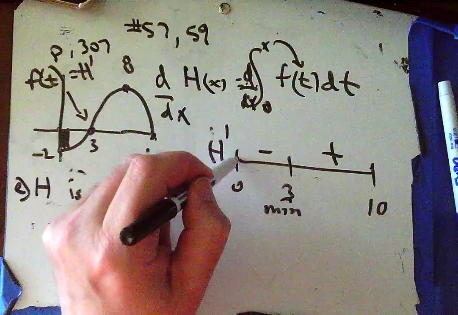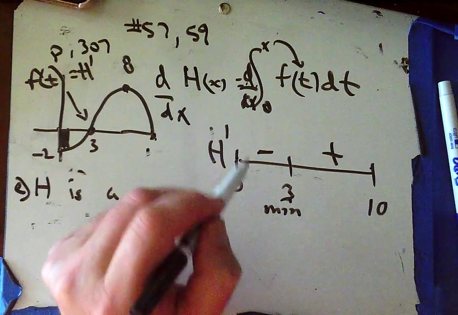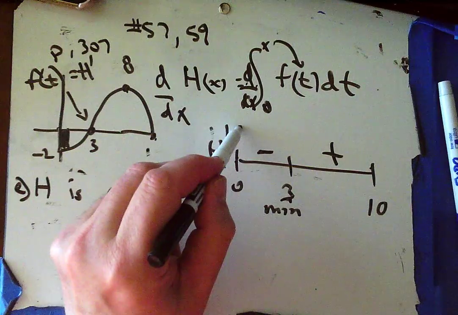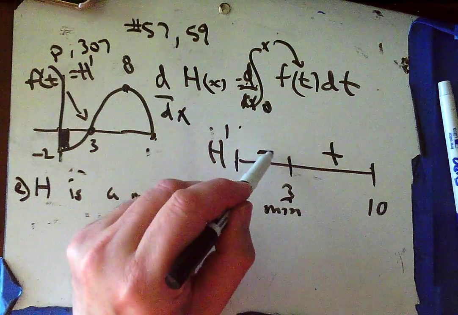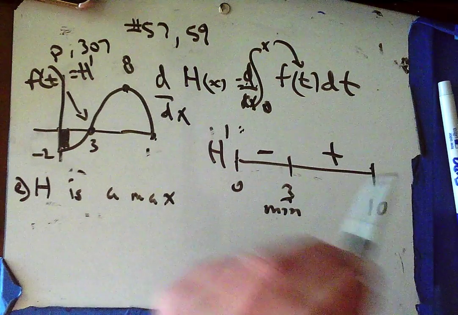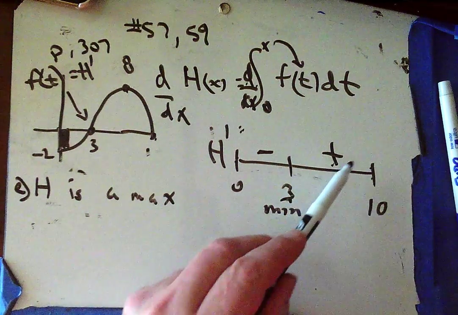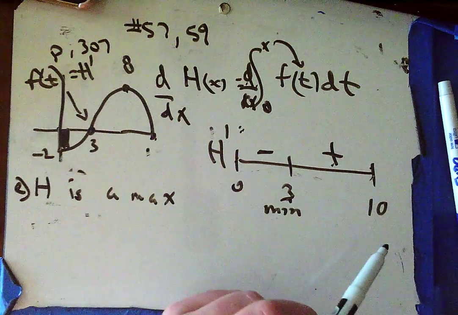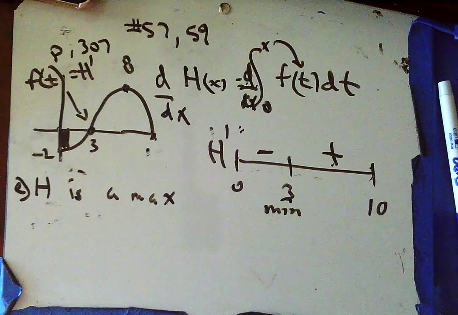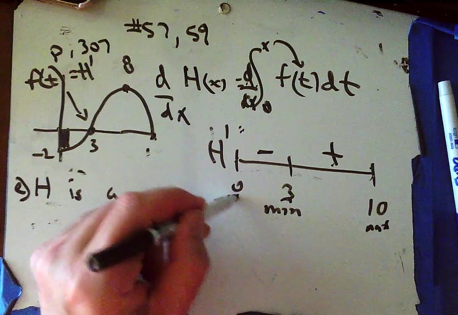So from this point, h is decreasing. So I know that from this point on, my h graph goes down because of this. That means that h of 0 is a max. And over here, because h prime is positive, I know h is increasing until we get to 10. So I've got another max over here. So we've got two maxes here.